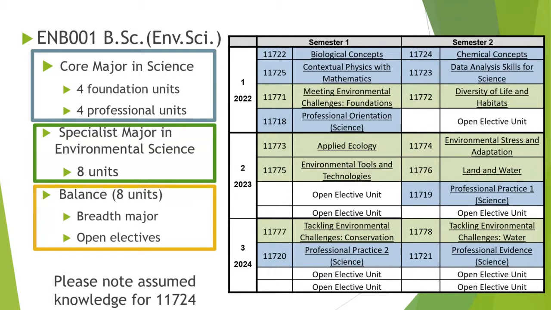Okay, chemical foundations will catch you up from a basis of no chemistry to where you need to be at the start of chemical concepts. If you're in that boat, please have a look at doing that unit, 11768. Chemical foundations is offered in semester 1. If you take that unit, you'll just shift professional orientation into semester 2. Okay.